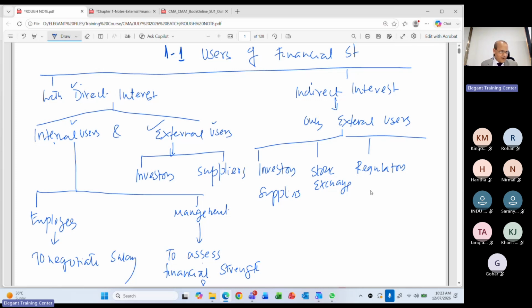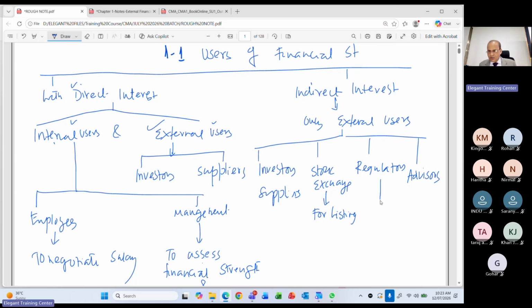They need your financials. And also advisors. Advisors also need them. And stock exchange needs your financials for listing purposes.